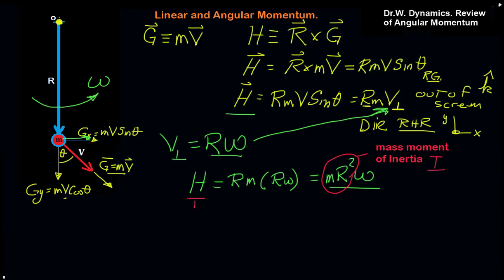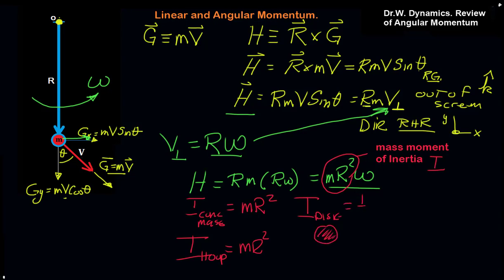And recall that the I of a concentrated mass is simply mr squared. If we had other shapes here that we were working from, the I of a hoop is also mr squared. The I of a disk, if we're rotating it, is 1/2 mr squared.